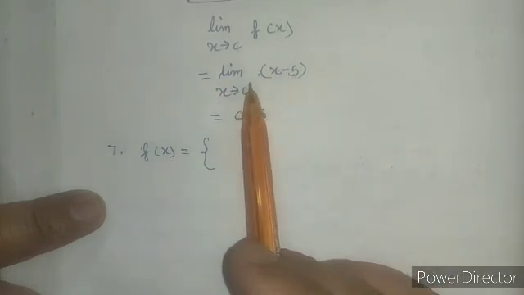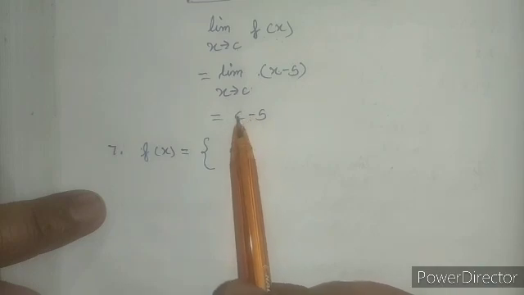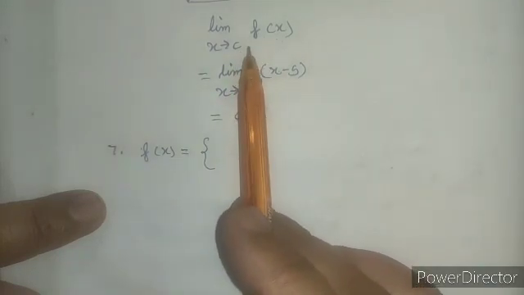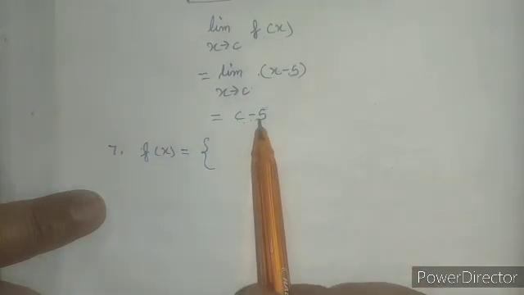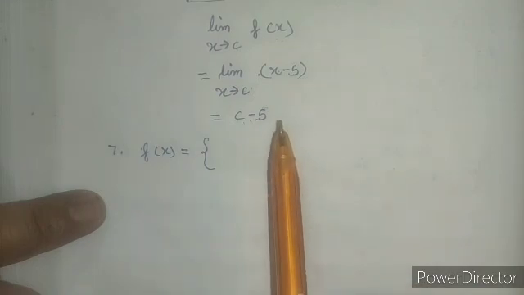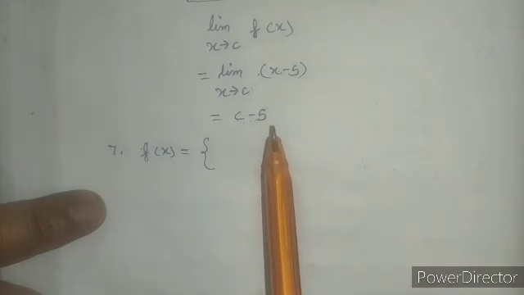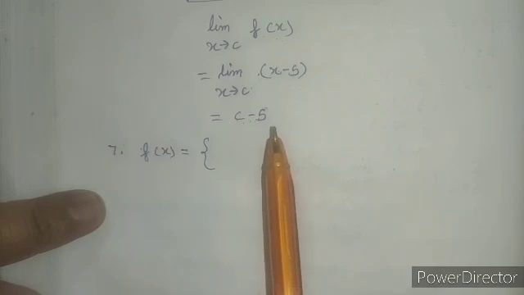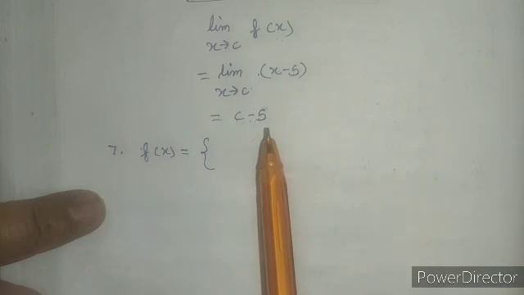Now in place of x we will put the C from the limit and this will give us the value of the limit x tends to C f(x) as c minus 5. As we are getting the value of the function at point C and limit x tends to C equal, so we can say the function is continuous at all points.